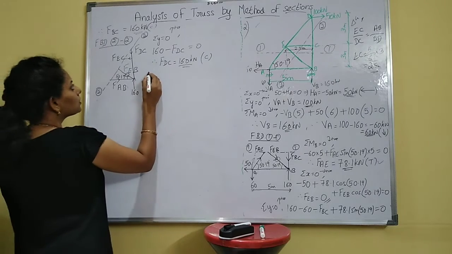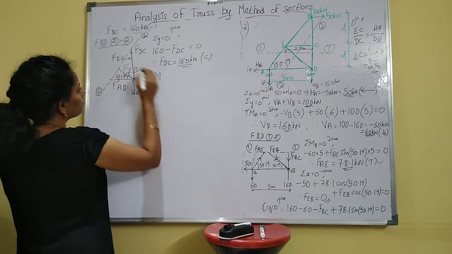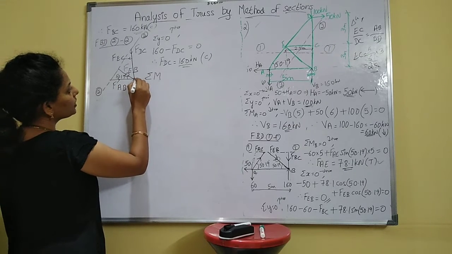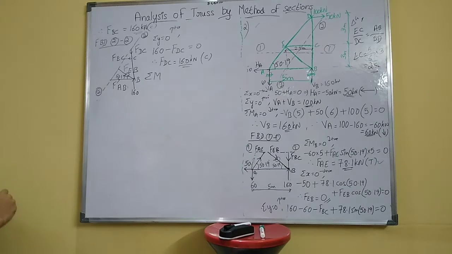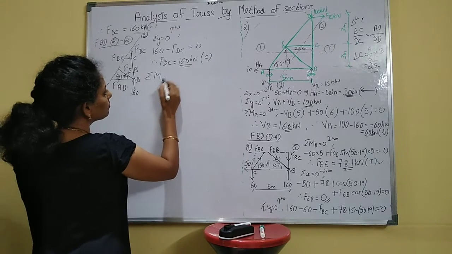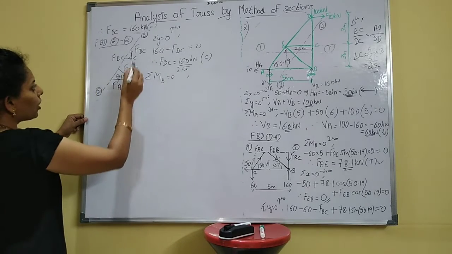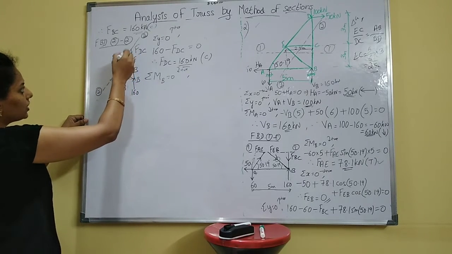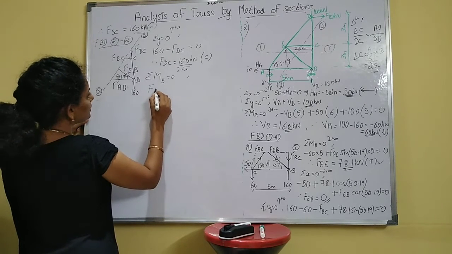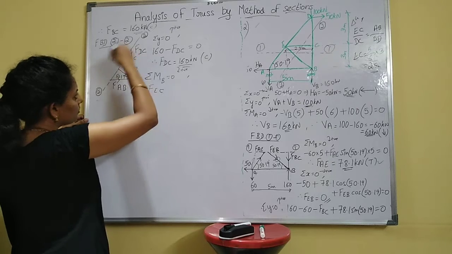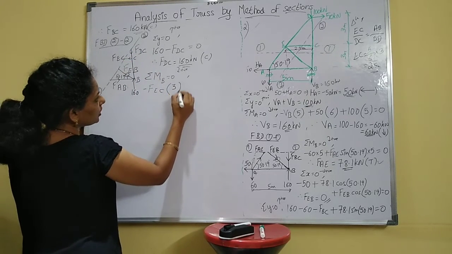Next, summation of moment at B equal to 0, clockwise as positive. Here it will be only force FEC. It is anticlockwise, so minus FEC into this distance 3 equal to 0.